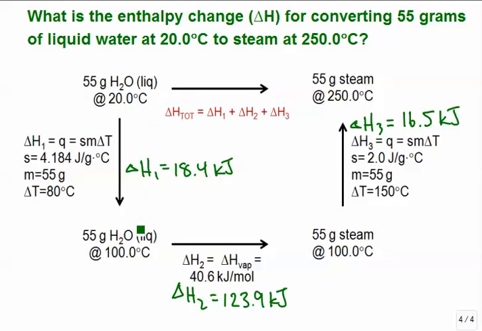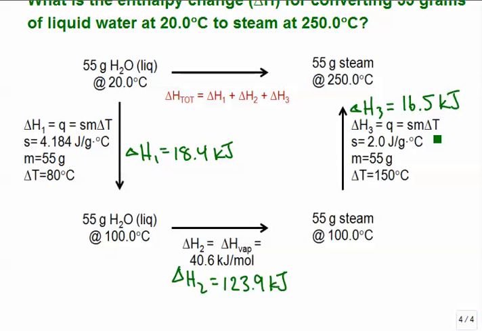Okay, so now we have all three of our components. We've heated our water to the boiling point, we've vaporized our water, and now we've heated our steam to our final temperature. To get the net enthalpy change for the whole process, we simply add these three components, delta H1 plus delta H2 plus delta H3.